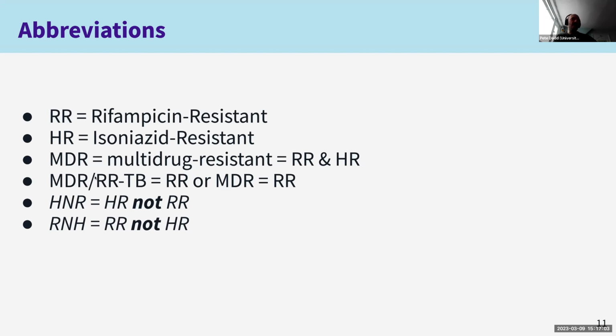The idea was that it was important to keep the brand continuity of MDR, but since treatment decisions and diagnostics are more focused on rifampicin resistance, it's a recognition that that's the quantity that is probably most relevant. And then I have in italics some abbreviations that are probably not standard, but which I use a couple of times: HNR for isoniazid resistant but not rifampicin resistant, and conversely with the letters transposed.